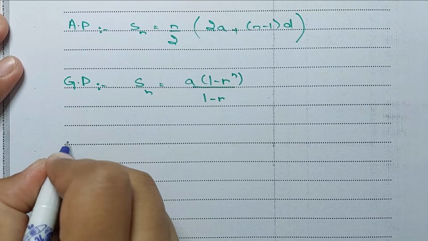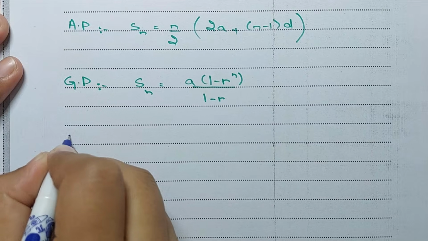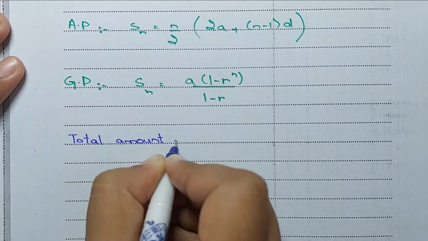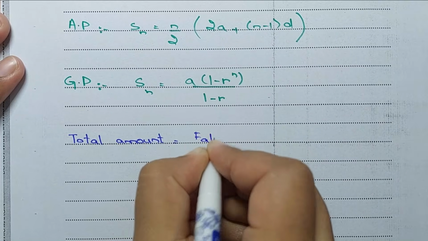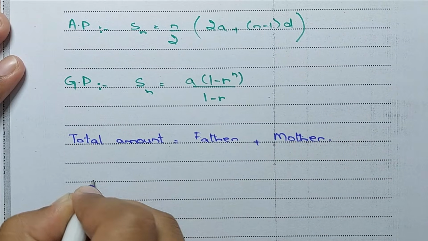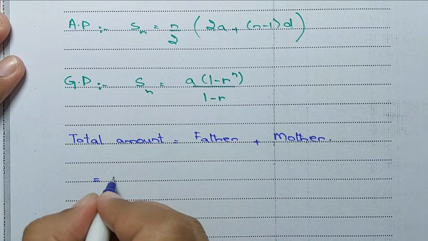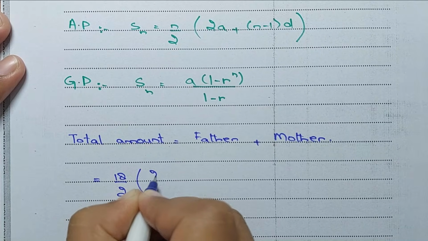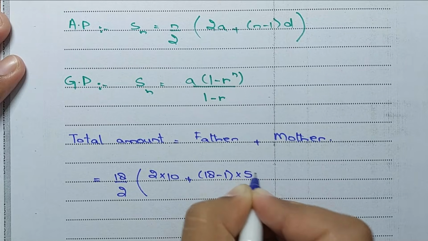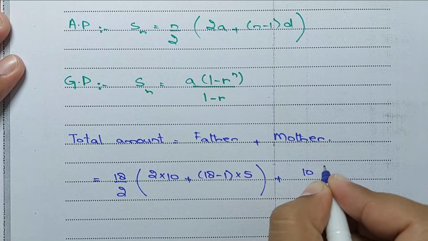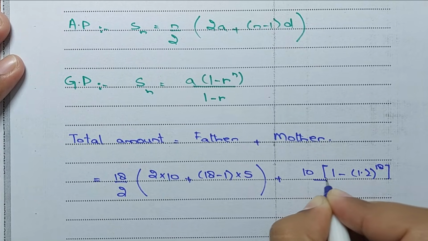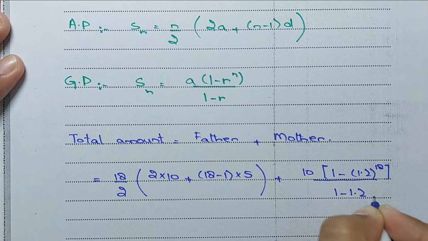The total amount is the sum from the mother and the father side. She receives from the father plus she receives from her mother. So n is 18: 18 divided by 2 into 2 times 10 plus 18 minus 1 times d, where d is 5, plus from the mother's side, 10 into 1 minus 1.2 to the power 18 over 1 minus 1.2.